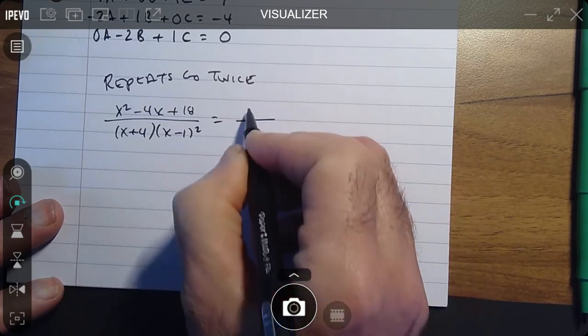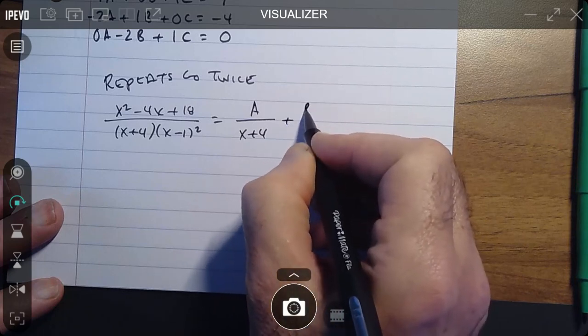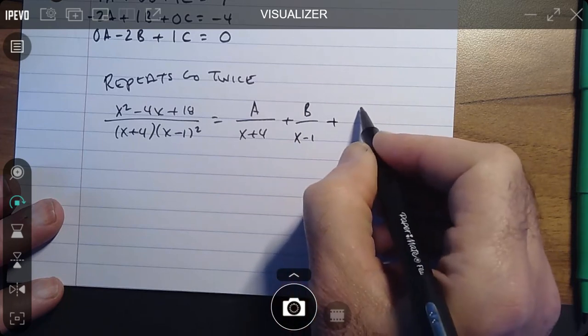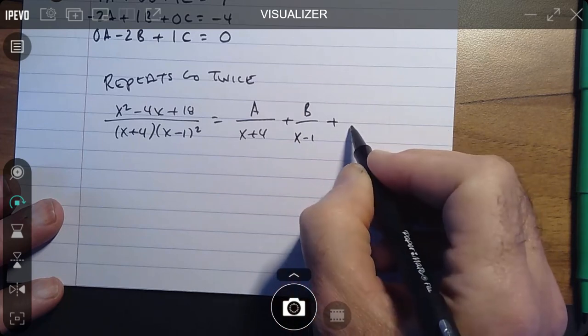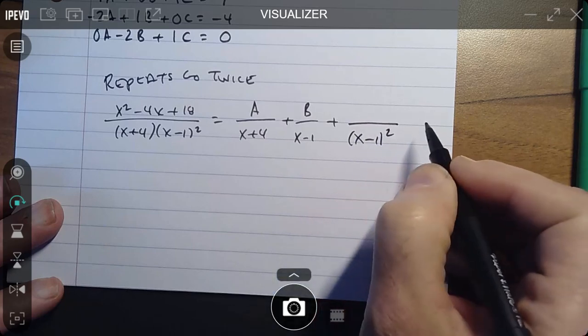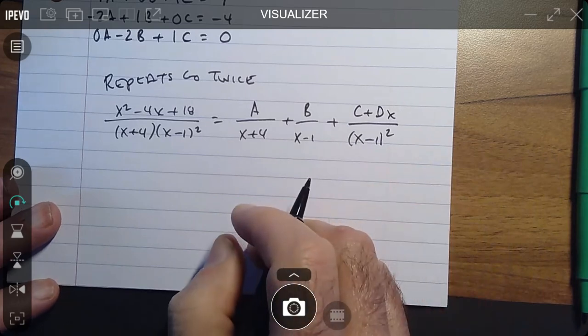You're going to have a over x plus 4, b over x minus 1, and the repeat here gets a c plus dx up top.